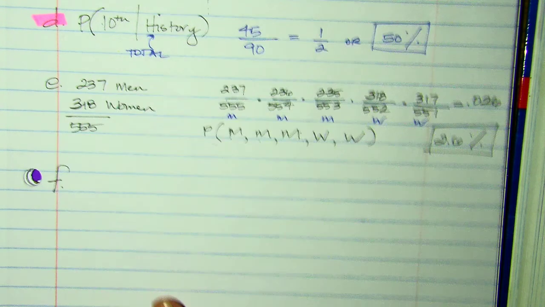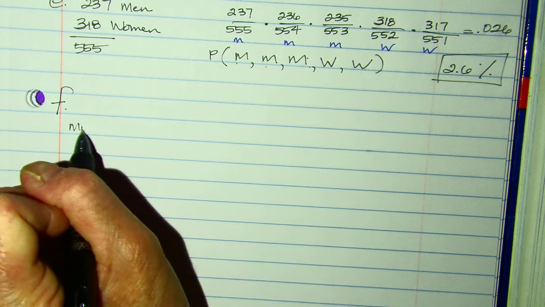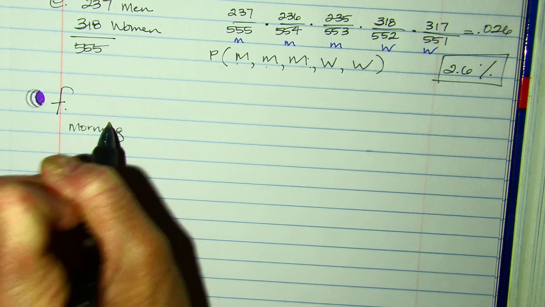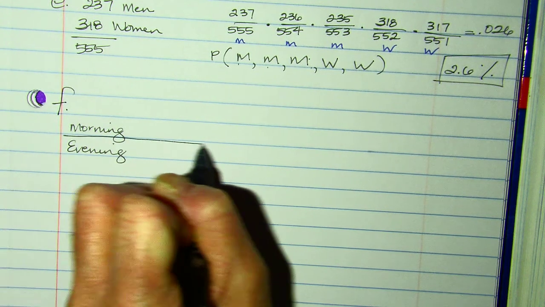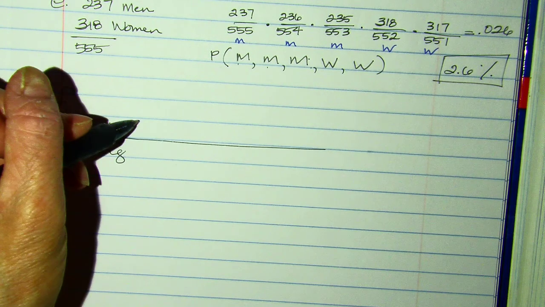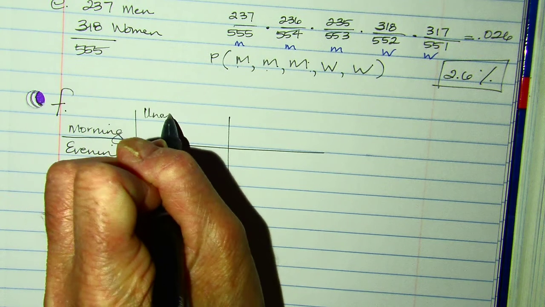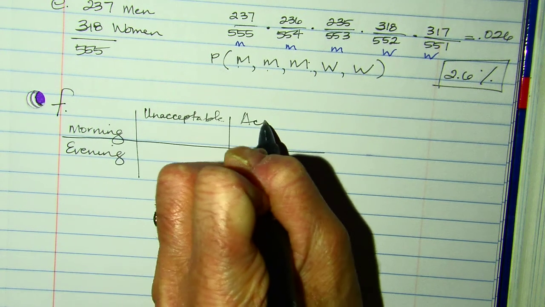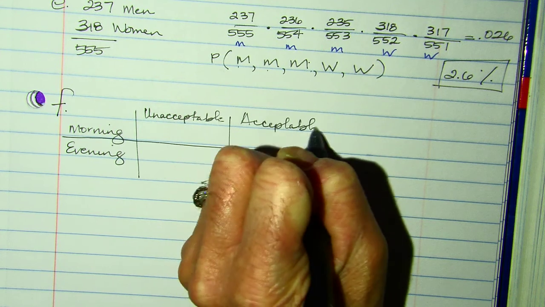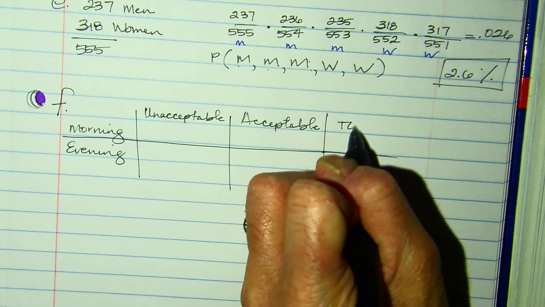Finally, F. So we're going to build our own table in this one. They're talking about a morning shift and an evening shift, and there are 2 rows, unacceptable weight and acceptable. And then I will do the totals over here.